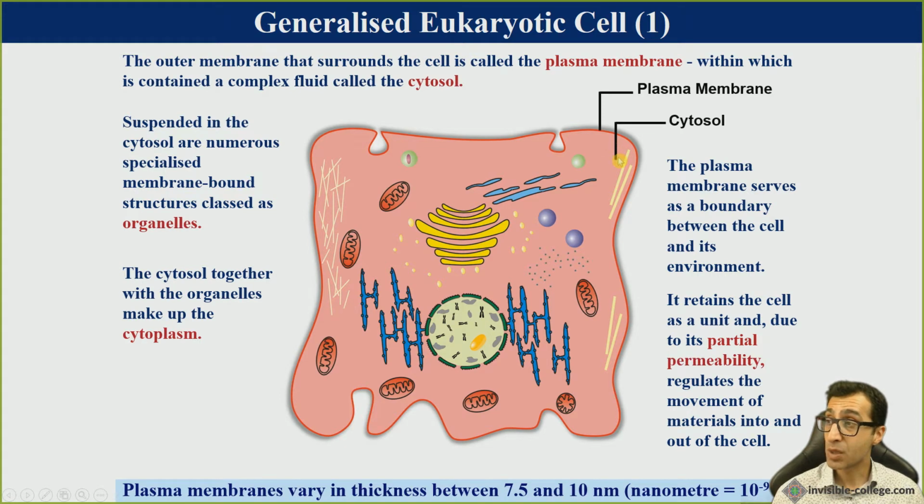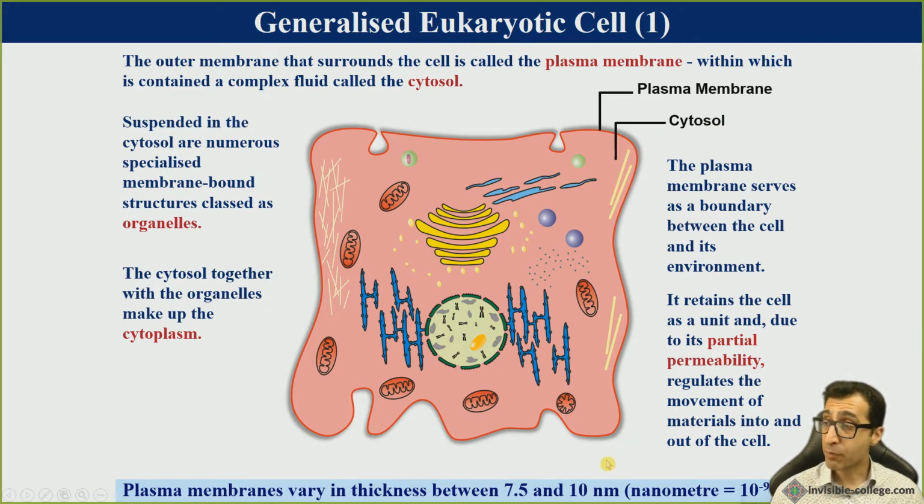The cytosol plus the internal organelles is what we refer to as the cytoplasm. So basically everything within the bounds of the plasma membrane is referred to as the cytoplasm, but the watery, gel-like liquid that you find within that, in which the organelles are suspended, is called the cytosol.